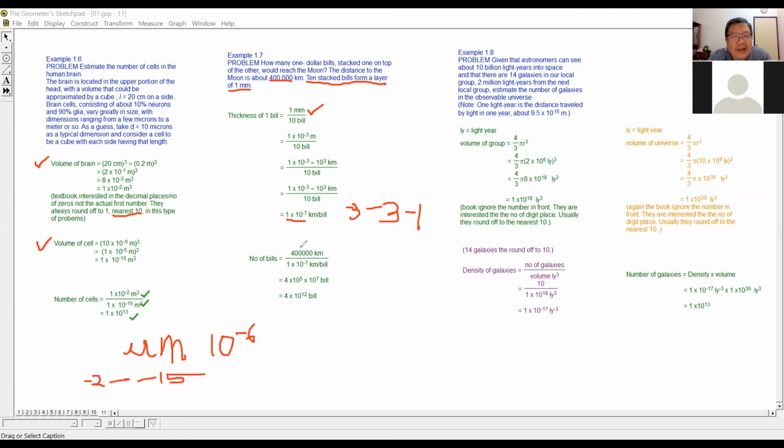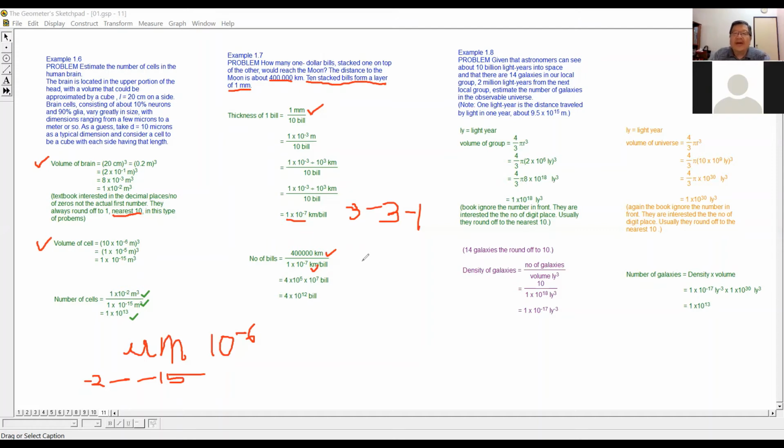So now I take the distance to the moon divided by the thickness of a $1 note, and I will get the number of notes. How many pieces are there? Before that, I checked that this is in kilometer and this is also in kilometer. So they are consistent.